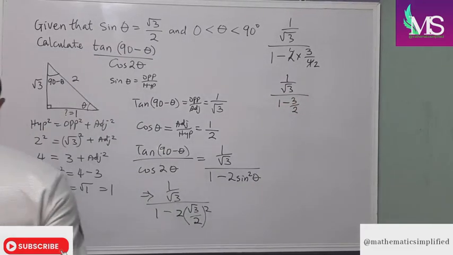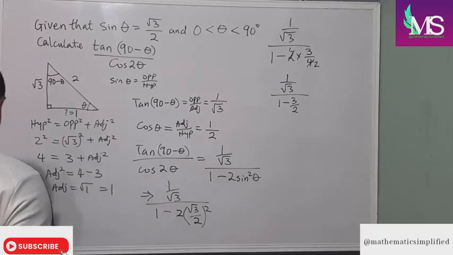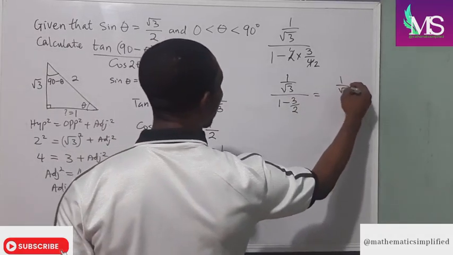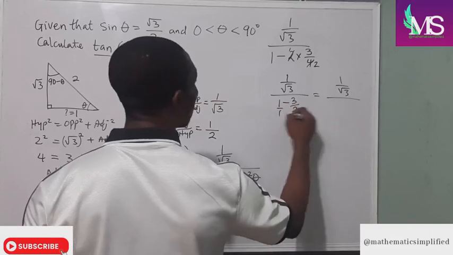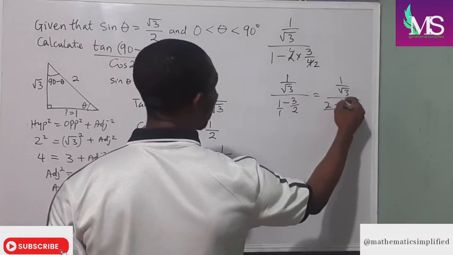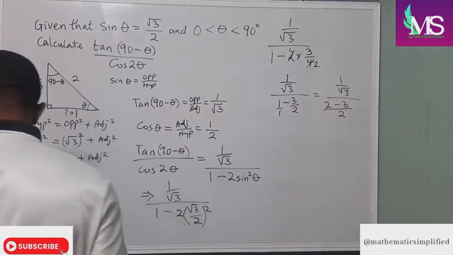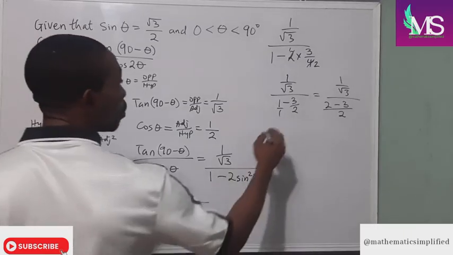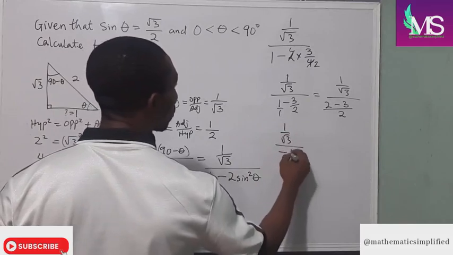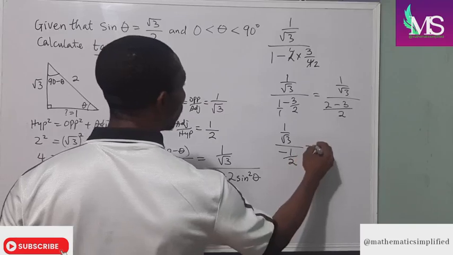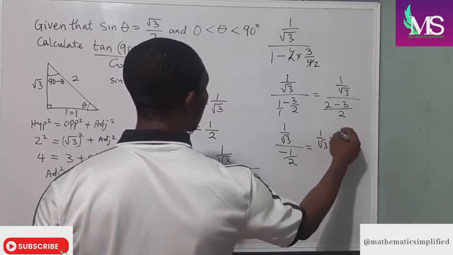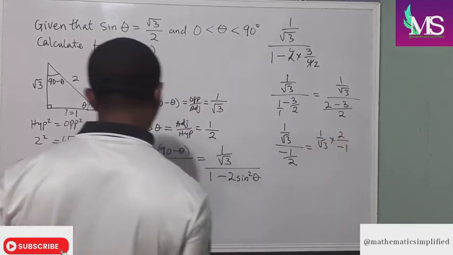Now, if we work on our denominator, we are going to have 1 over root 3. Our LCM here is 2. This becomes 2 minus 3 over 2. So this will give us 1 over root 3 divided by minus 1 over 2, which if we invert will give us 1 over root 3 times 2 over minus 1.